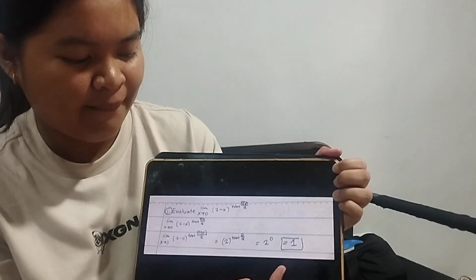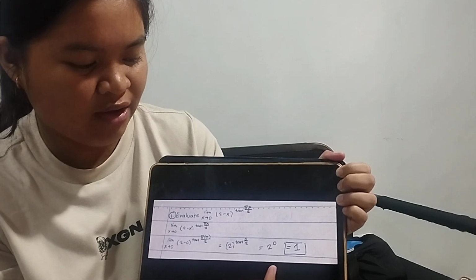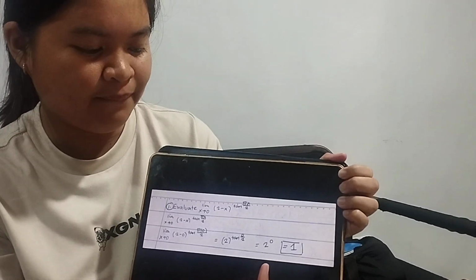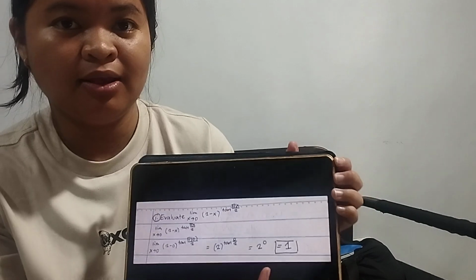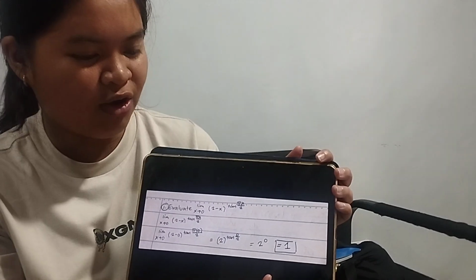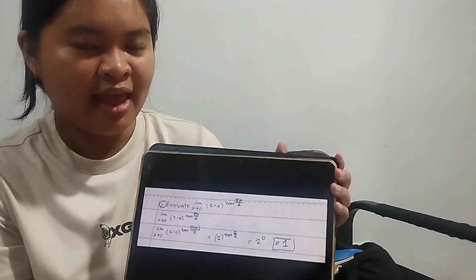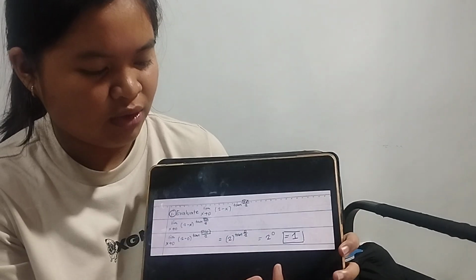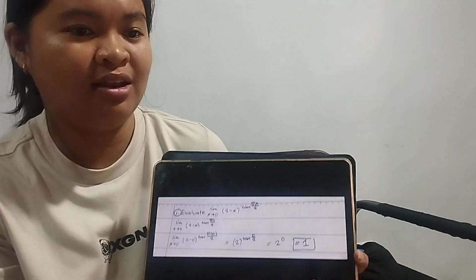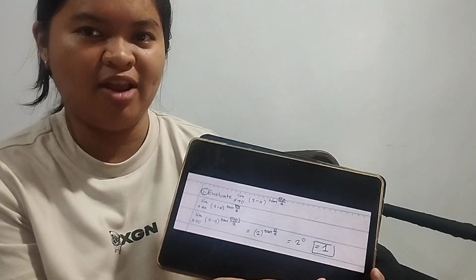So the equation is now 2 with its exponent 0, and because of the rules of exponents, 2 with its exponent of 0 becomes 1.